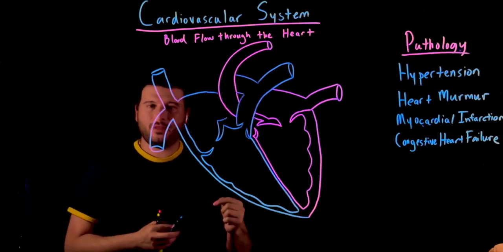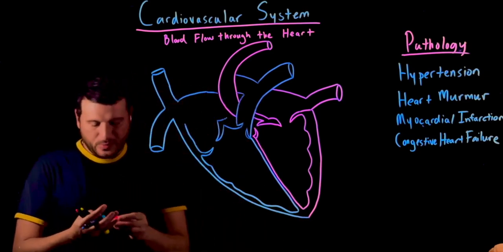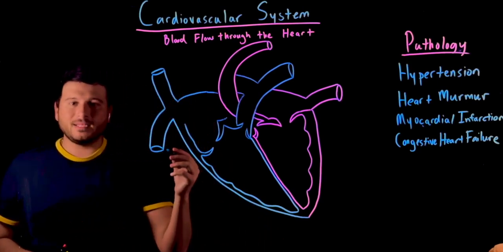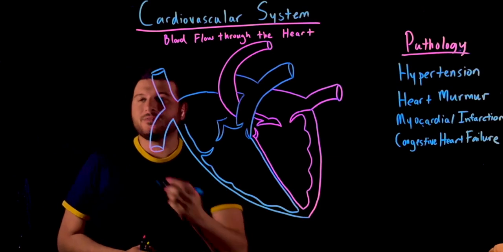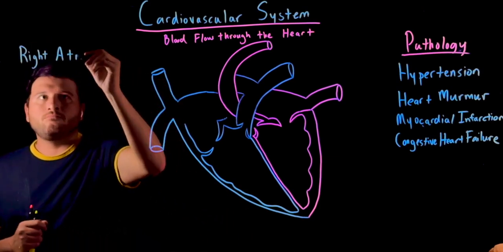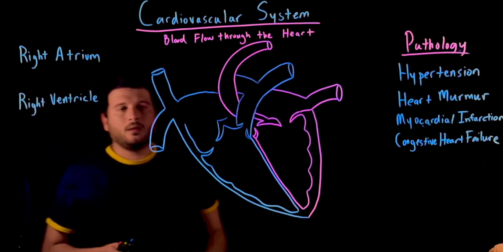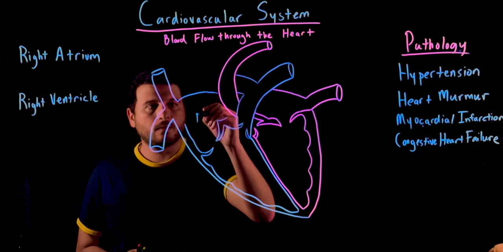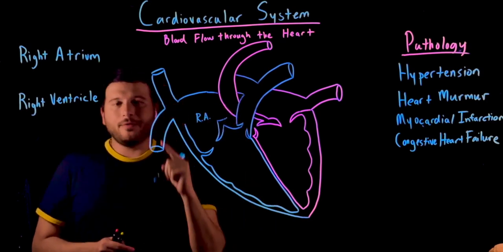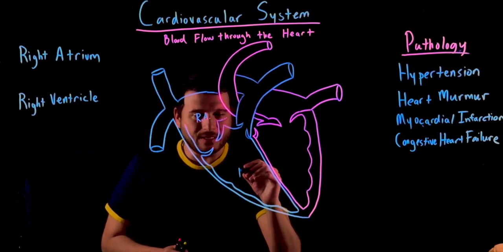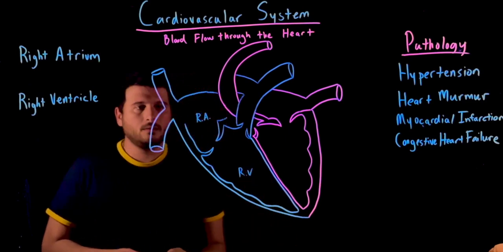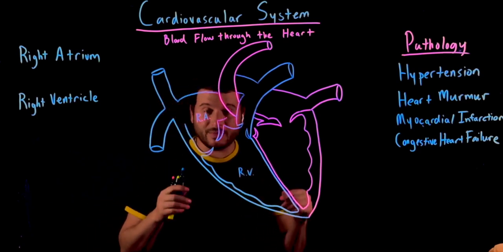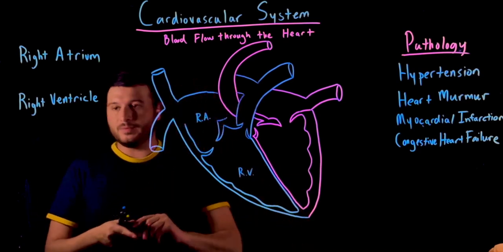Let's start with the four chambers of the heart. We're going to start with the right atrium and the right ventricle. The right atrium is right here, and the right ventricle is right here. Now, let's do the left atrium and the left ventricle.